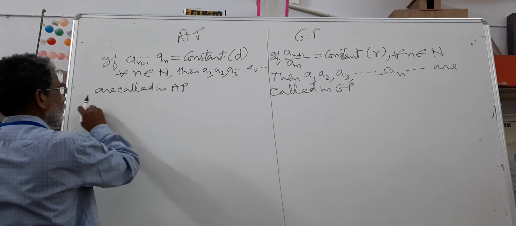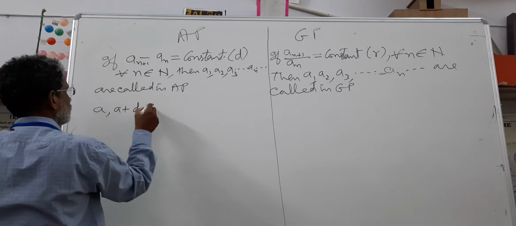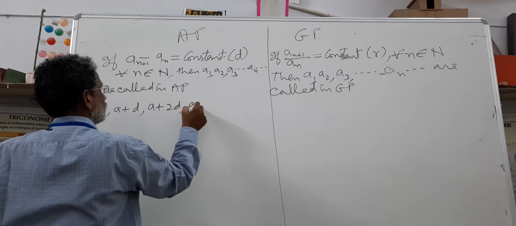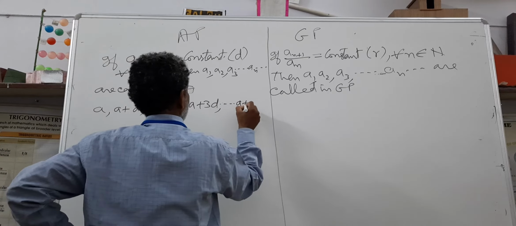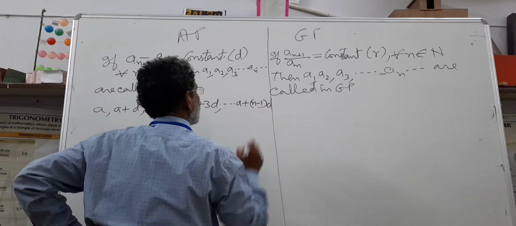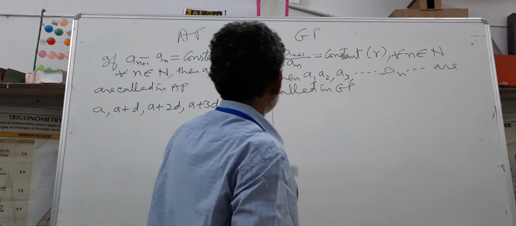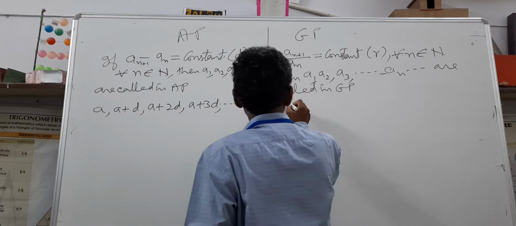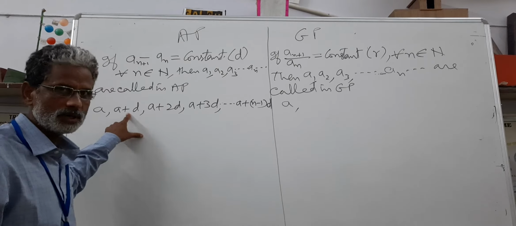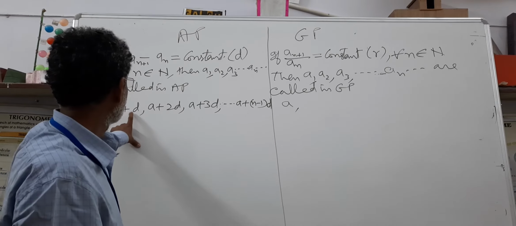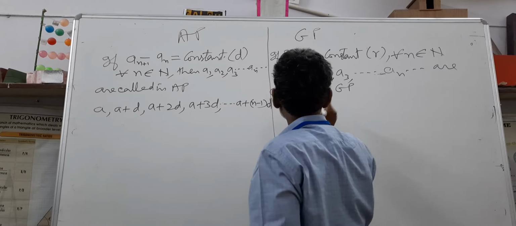Here your expanded AP version will be of the form a, a plus d, a plus 2d, a plus 3d, ..., a plus (n minus 1) into d. Here the first term is a. Plus, the short form of plus, is product, and the constant changes to r. Your second term will be ar.